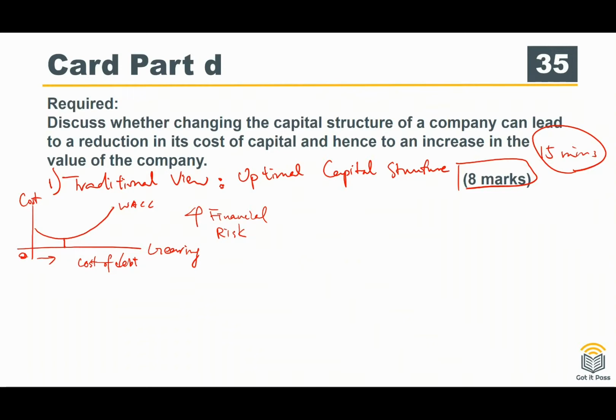So the WACC will increase at some optimal point. For example, here, I say here is X. So there is an optimal capital structure from the traditional view.